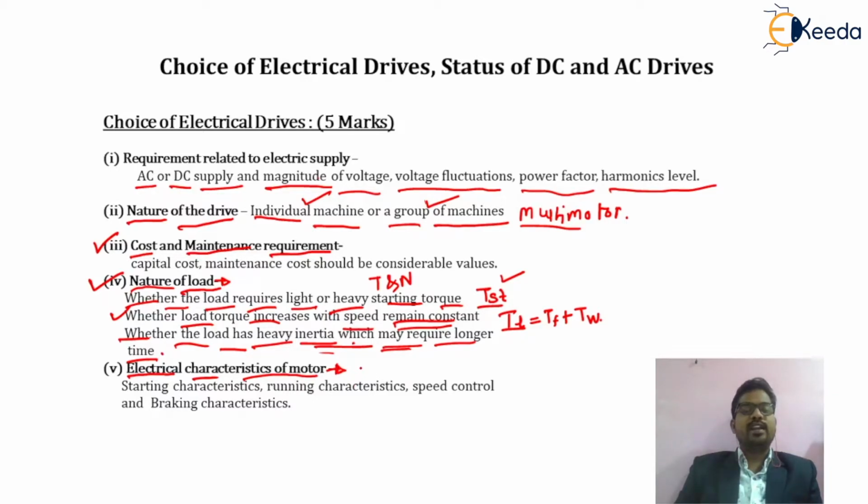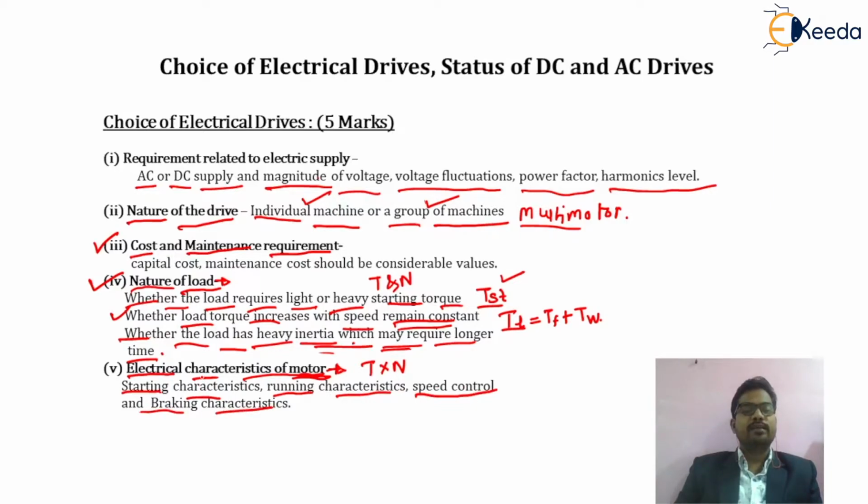The mechanical power is given by the product of torque and speed. So the torque and speed characteristics are very important in the motor concept. In concern with them, we want to understand the starting characteristics of your motor, along with the running characteristics and the various speed control and braking characteristics.